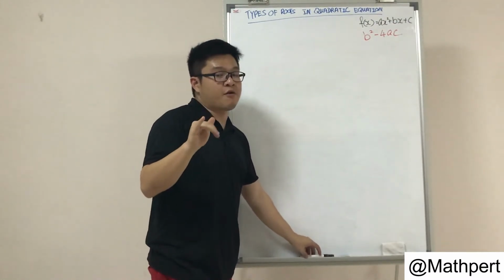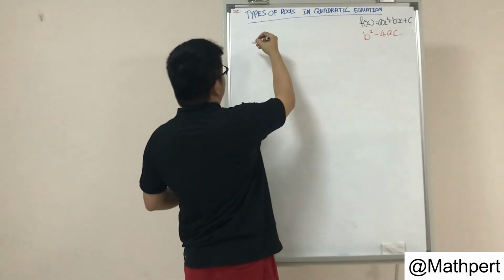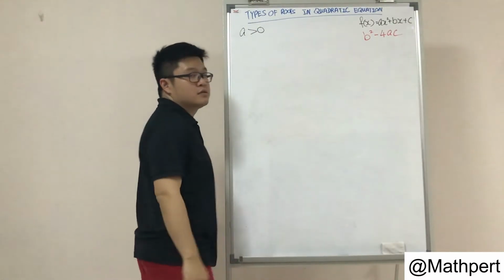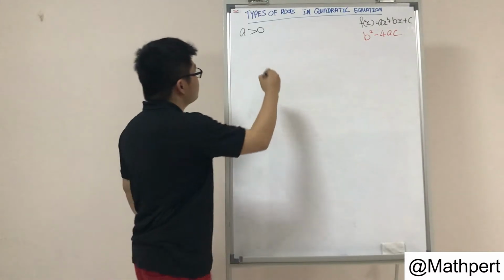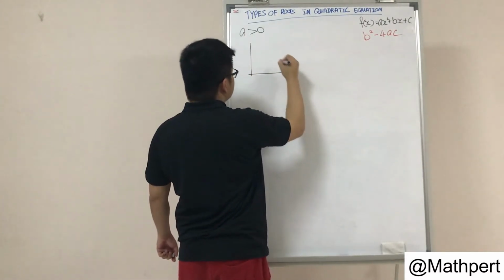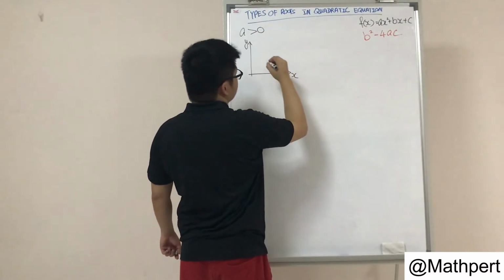Okay, there are 6 types of conditions here. So the first type is when a is bigger than 0. So when a is bigger than 0, the graph will be like this, with y-axis and x-axis.